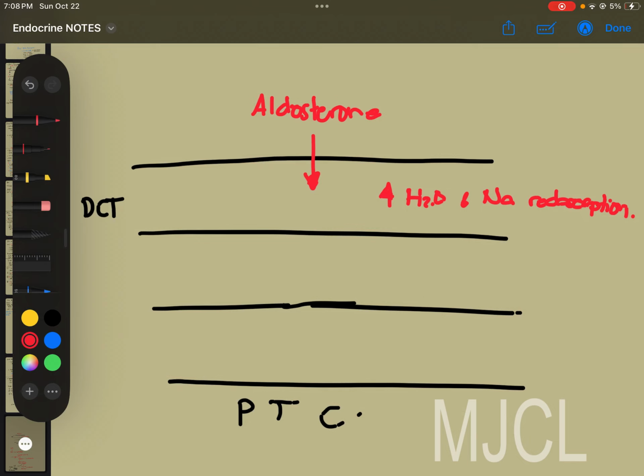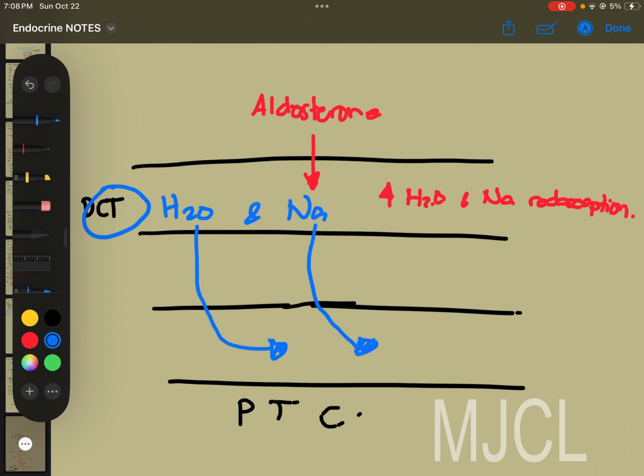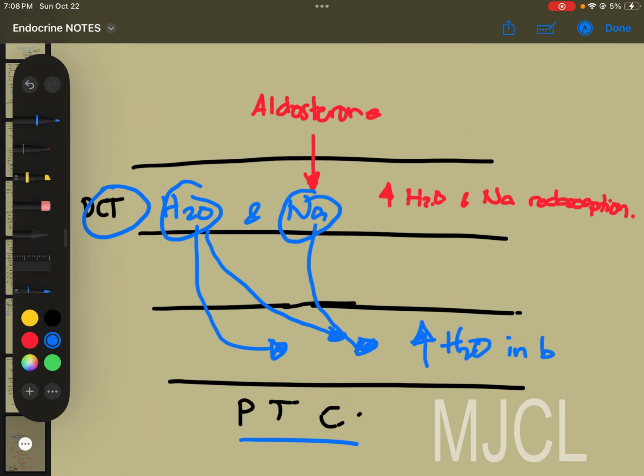So, for example, this is your H2O and this is your sodium. They will be sent from your distal convoluted tubule back to your bloodstream. Now, if you send sodium back to your bloodstream, water will also follow it. So therefore, there is an increase in the volume of H2O in blood.